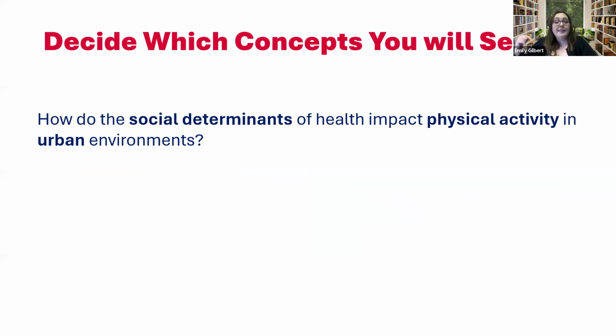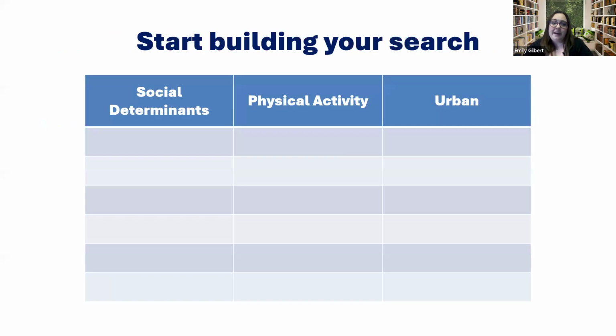If you plug these into something like that spreadsheet we mentioned earlier that's available on the systematic reviews guide, you're going to get something like this, where you have 3 columns and you can start building terms underneath each of your concepts. So you'll have lists eventually, but at the beginning, it's going to look like this.